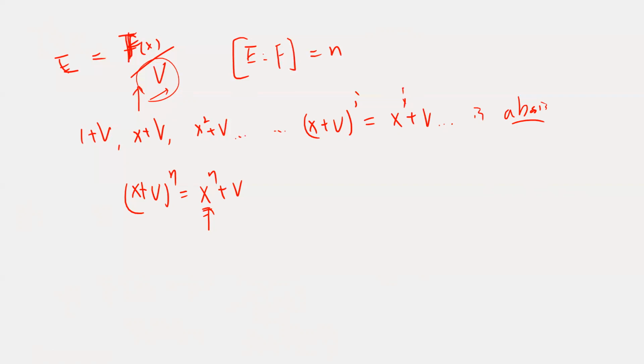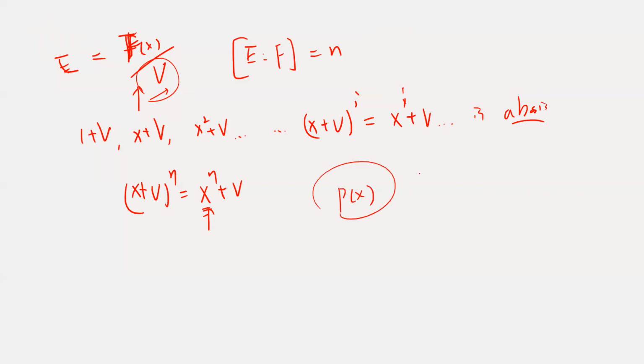So finally, I think we still need to show why there is a field, why there is a root in this field. Okay, but obviously, so now we are working with P of X, right?